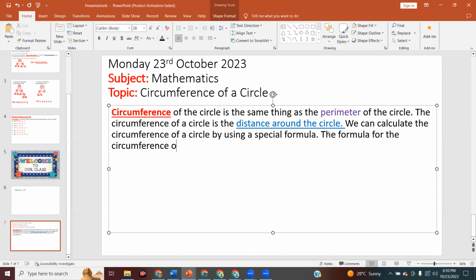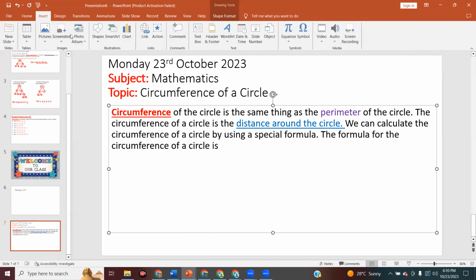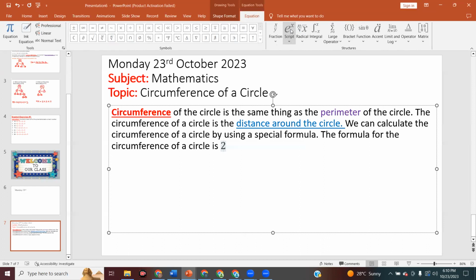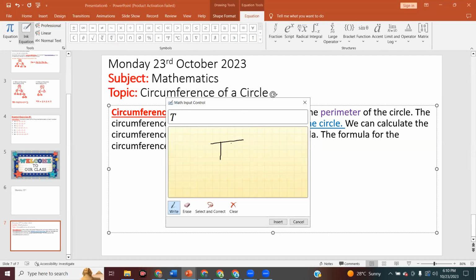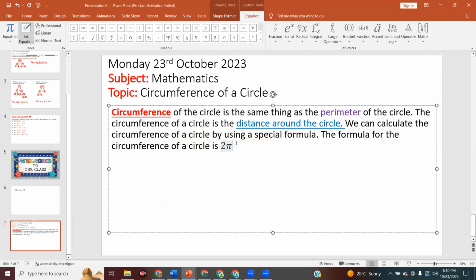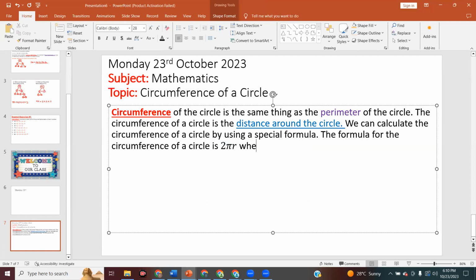The formula for the circumference of a circle is 2 pi r, where r is the radius of the circle.